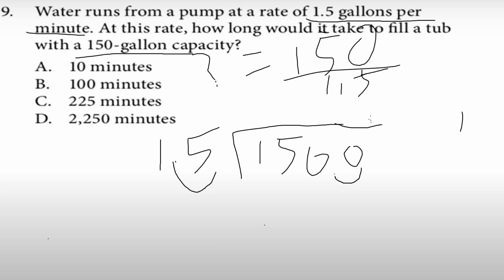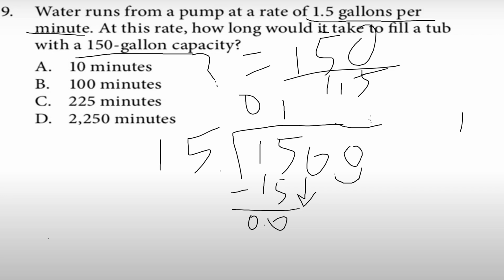All right, so we know that we have 15 now, because we moved the decimal point over. 15 can't go into 1, so we put a 0 over the 1. 15 can go into 15. That goes in there once. 15 times 1 is 15. So then we subtract 15 from 15.